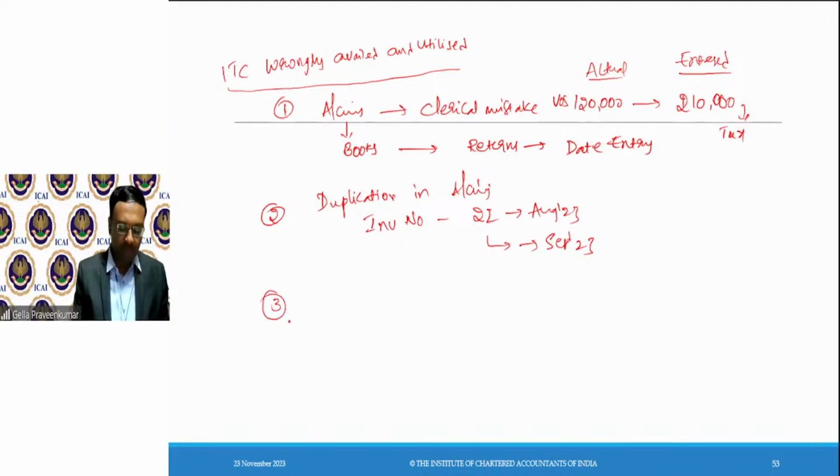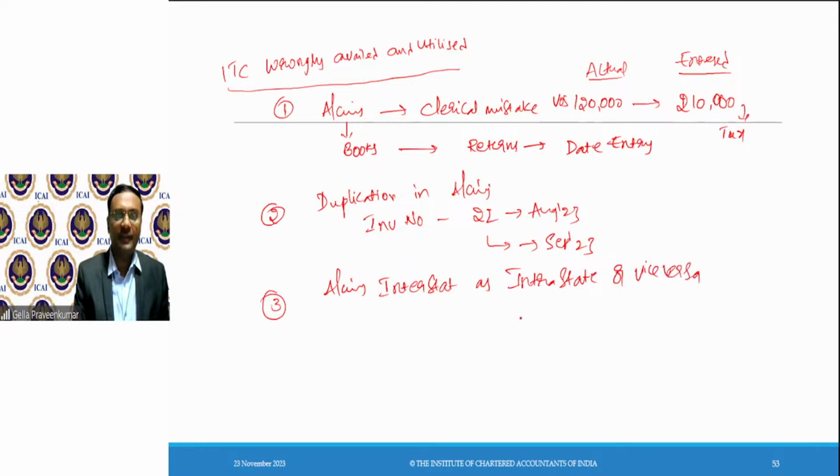Third, the most common mistake, accounting interstate as intrastate or vice versa, where my tax invoice just mentions GST without breakup.